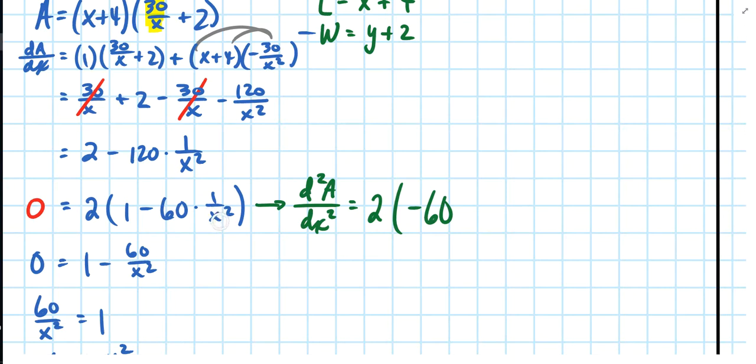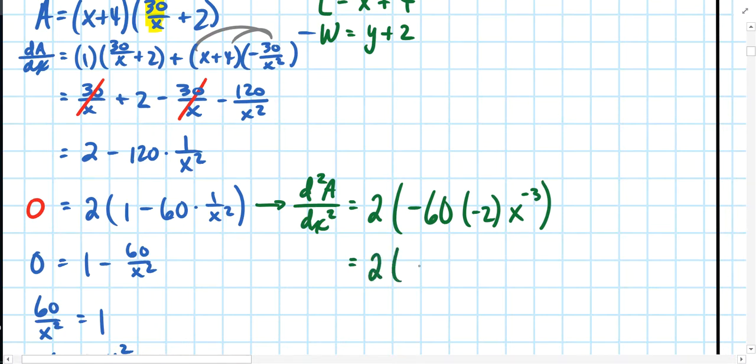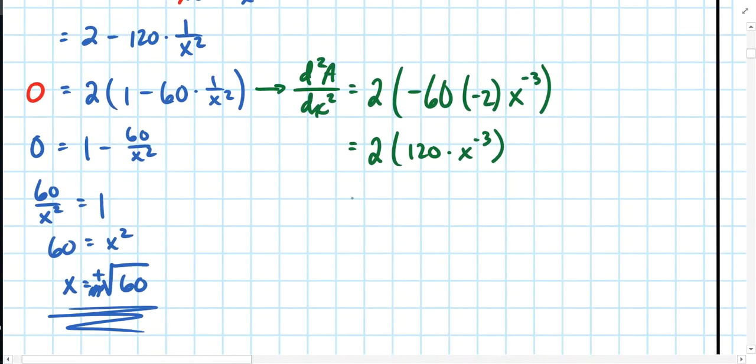In my head, I'm thinking of this as x to the negative second power, so I need to multiply this by negative 2 and then decrease the negative second power by 1, so that gives me negative third power, and now I've got 2 times 120 times x to the negative third, which is 240 over x to the positive third power.